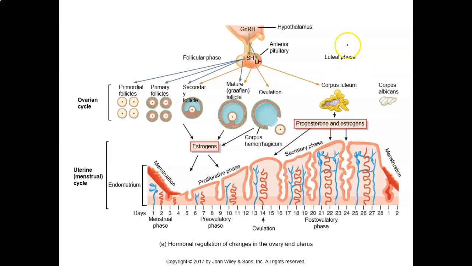This is going to begin to secrete a hormone called HCG, human chorionic gonadotropin. If you have ever taken a pregnancy test, this is the hormone which those tests are testing for. This hormone is going to cause the corpus luteum to continue pumping out progesterone.